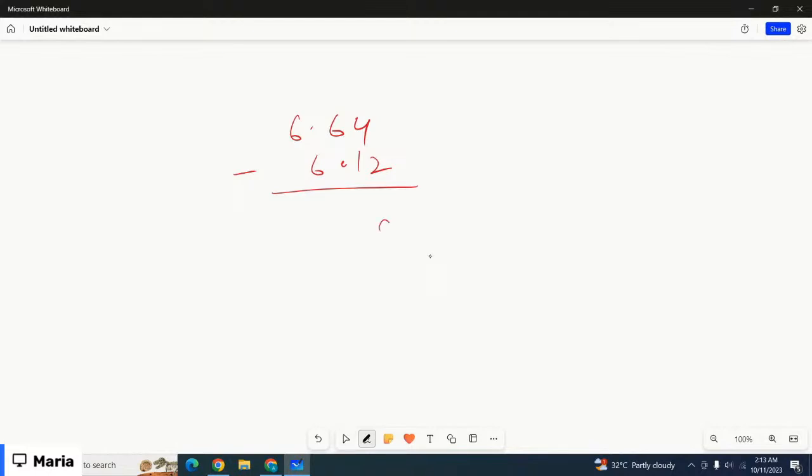Yes, you have to do 4 take away 2, that is 2. Then 6 take away 1, that is 5. And then 6 take away 6, that is 0. So when you subtract, the answer is 0.52, right?